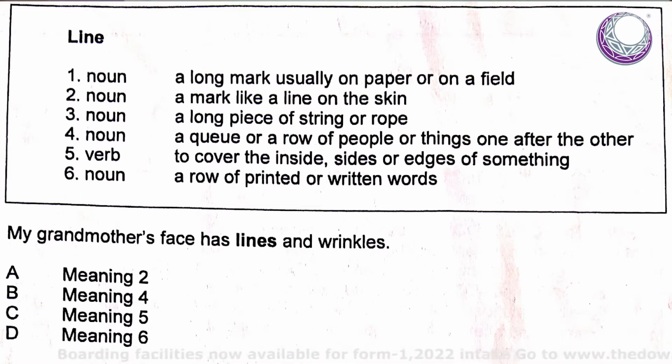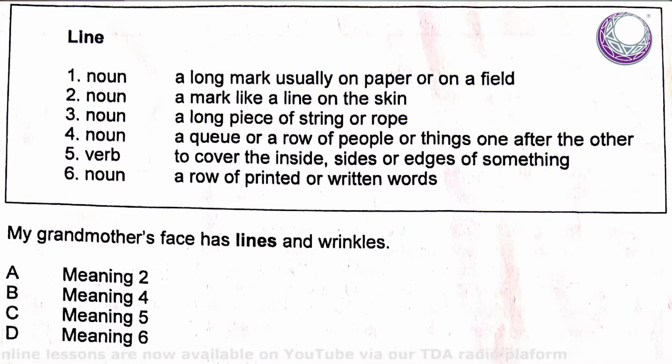So it depends on what the examiner wants to find out from you, or what the examiner wants you to classify. This is what we're going to do today. So the word line can also be used as an adjective depending on the context in which the sentence is given. So today basically we're looking at this one, the word line as a noun.